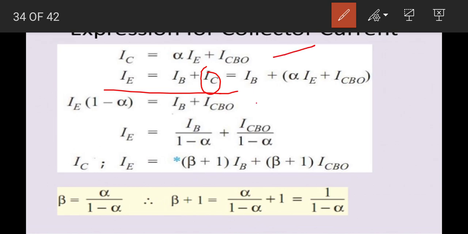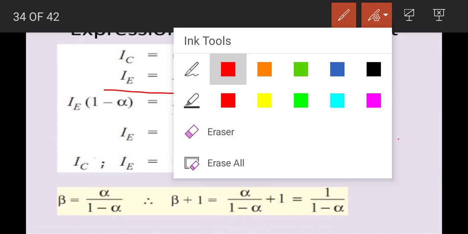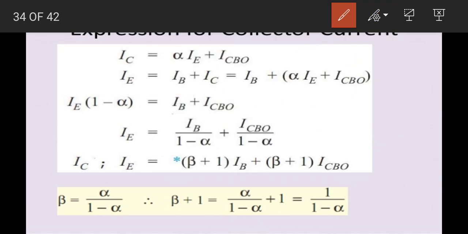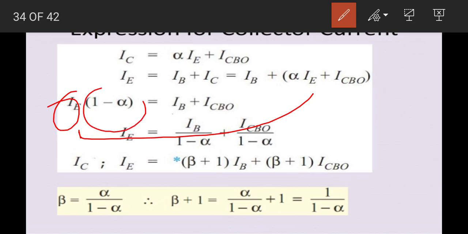So IB is equal to, this is the value of IC. We take IE common from this equation and this equation. I is equal to this side, and these are the 1 minus alpha, and this is the right side.